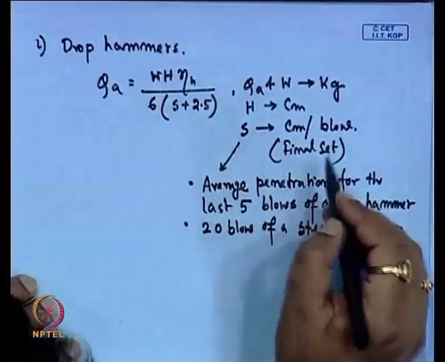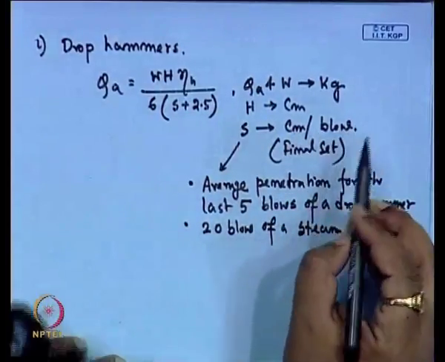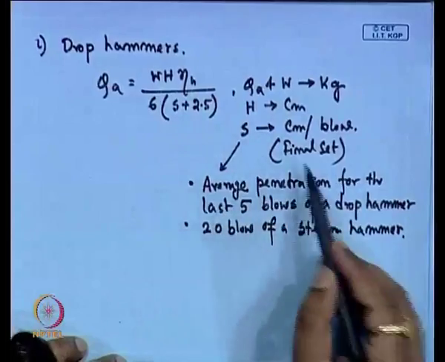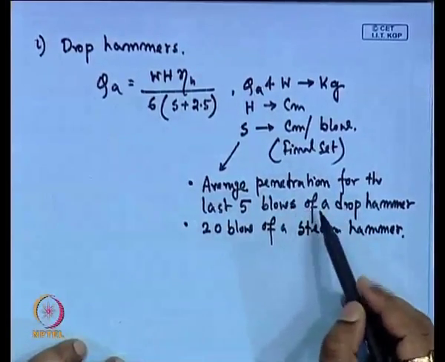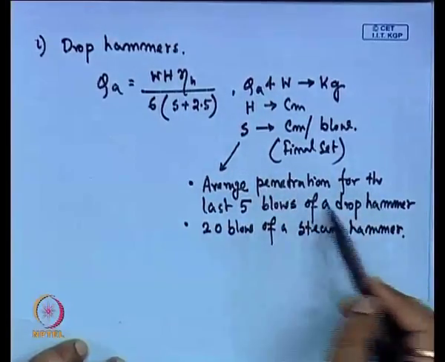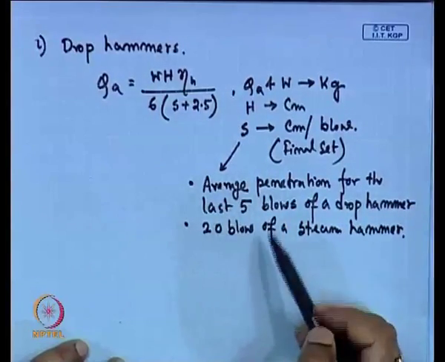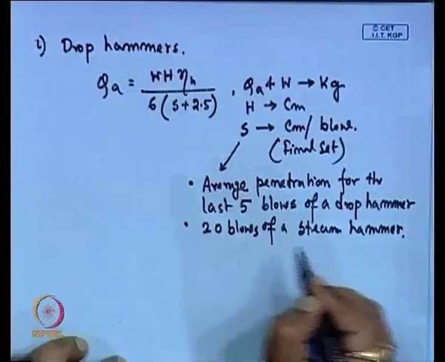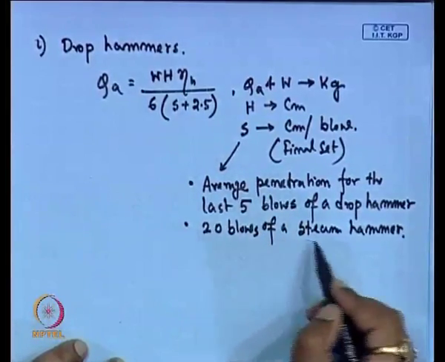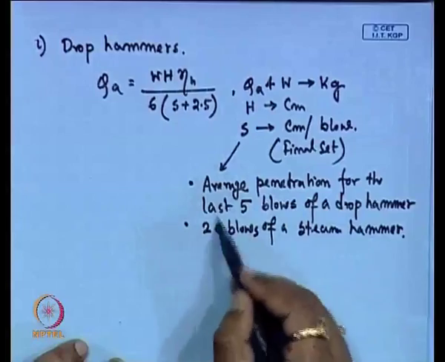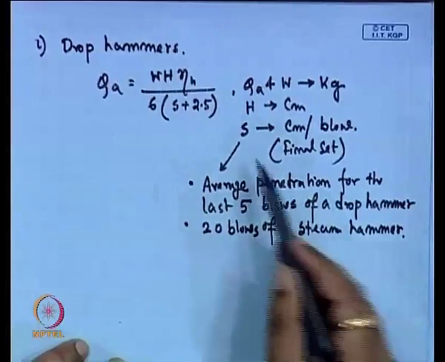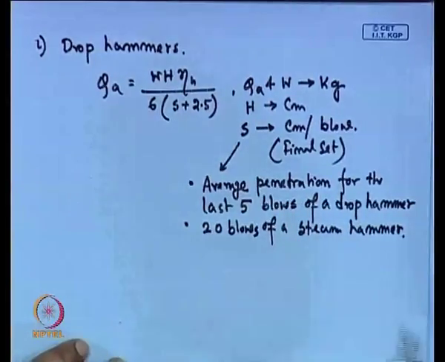That means this S, in centimeter per blow, the final set, the last 5 blows average, we will consider as the S in case of drop hammer, and for the last 20 blows in case of steam hammer, the average penetration of the last 20 blows we will consider as the S value.